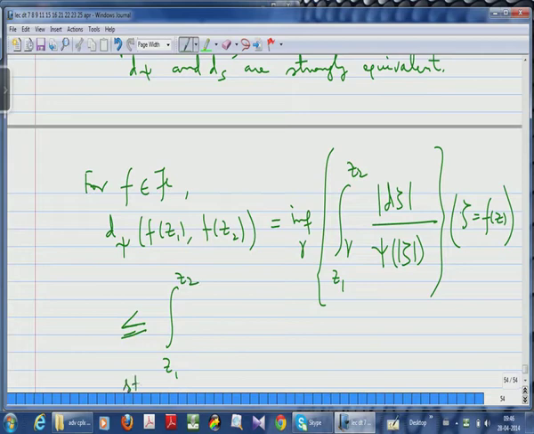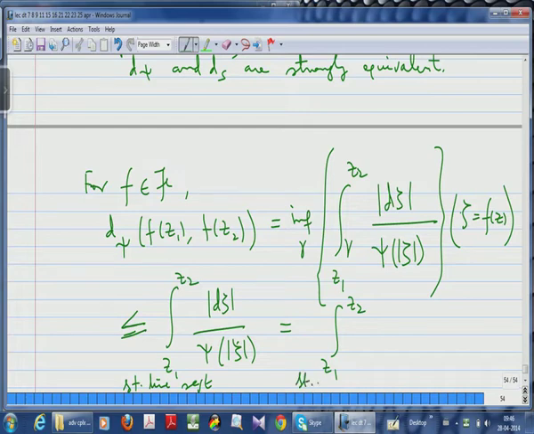If I take the straight line segment, what I am going to get is mod d zeta by psi of mod zeta, and of course I have to put zeta equal to f of z. So I get the integral from z1 to z2 along the straight line segment of mod f dash of z into mod dz, because that is what mod d zeta will be, divided by psi of mod f of z.